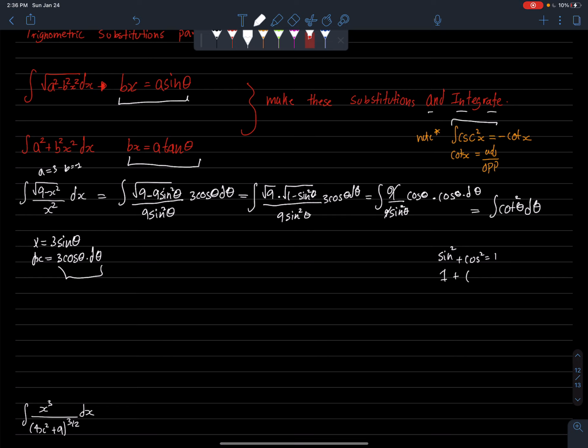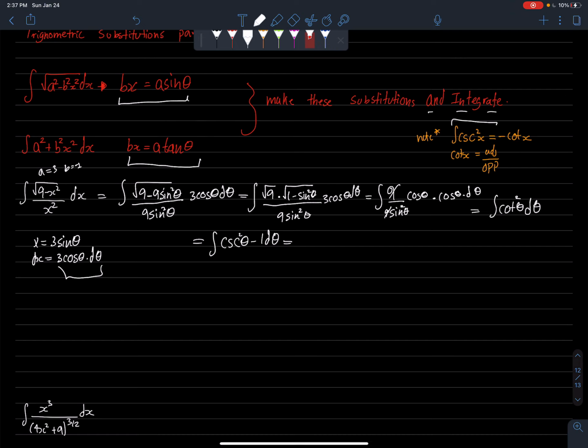You get 1 plus cotangent squared is equal to cosecant squared. So let's isolate for that. You get cotangent squared equals cosecant squared minus 1. So this integral will be equal to the integral of cosecant squared theta minus 1 d theta, right?